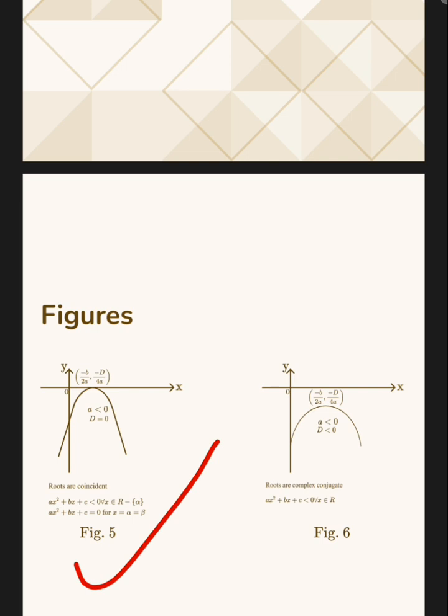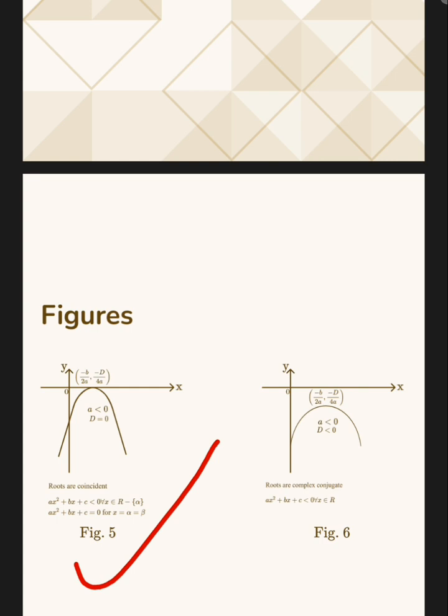Now here also, the final case: a less than 0 and D also less than 0. Then again we will get roots that are complex conjugate, imaginary roots. So what is the conclusion? First we will check the nature of a. a may be positive, a may be negative.